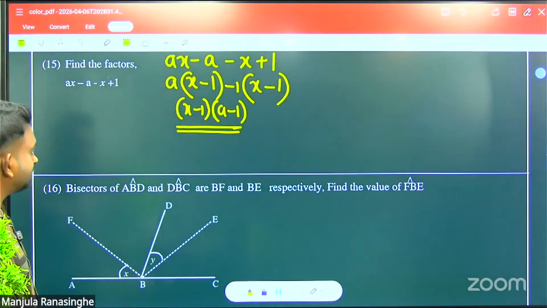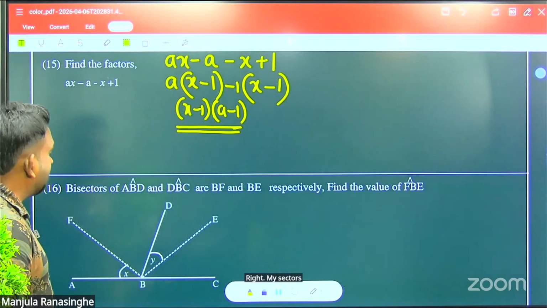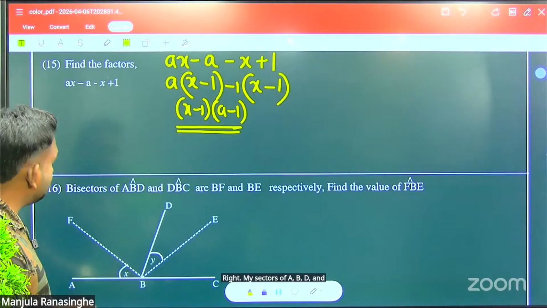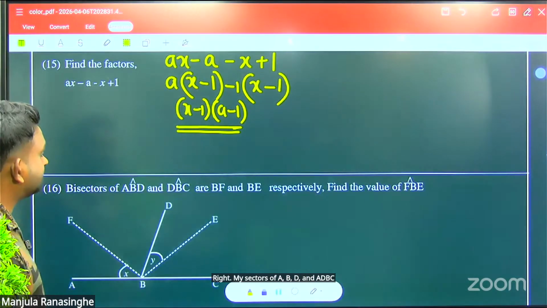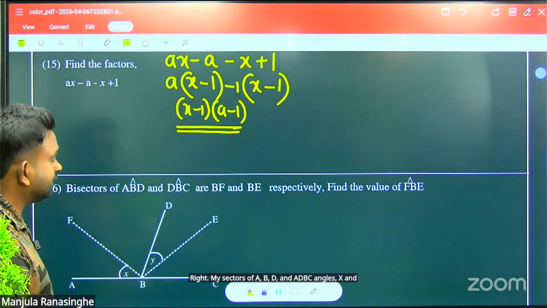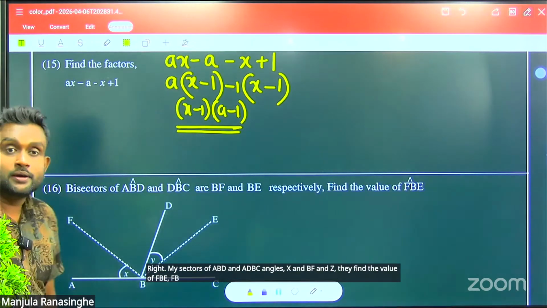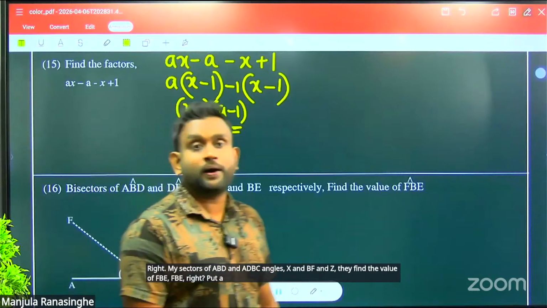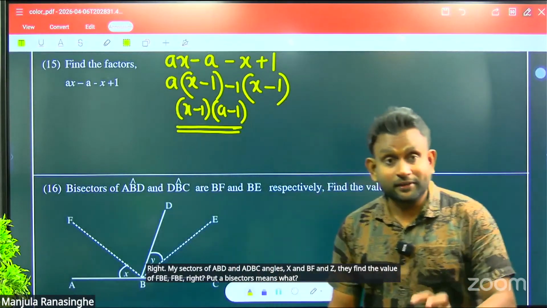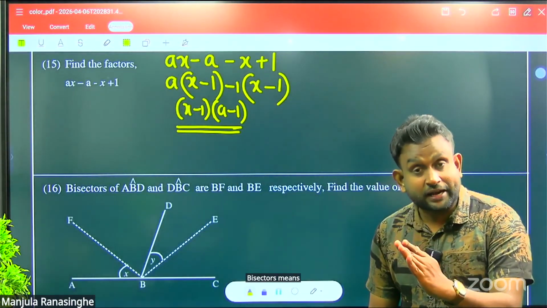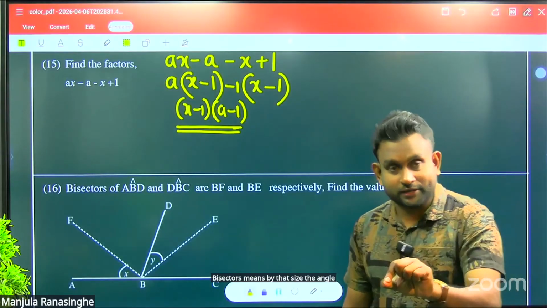Right. The bisectors of angle ABD and angle DBC are BF and BE, with angles x and y. Find the value of FBE. Right. Bisectors mean what? Bisectors mean the angle is equally divided on both sides.